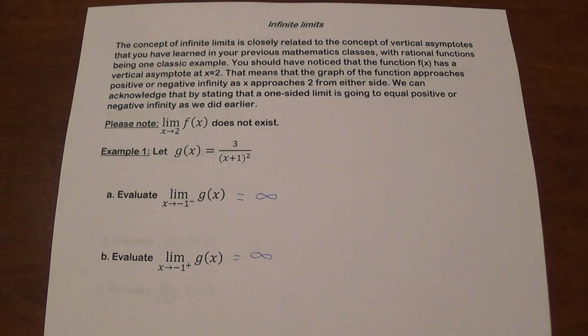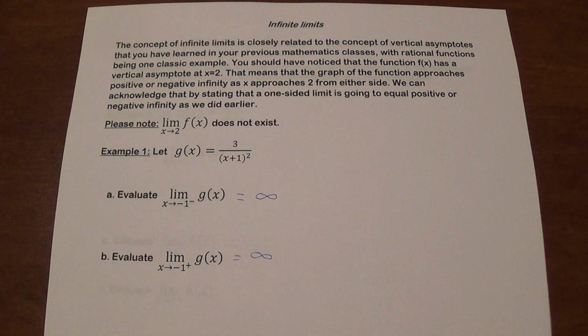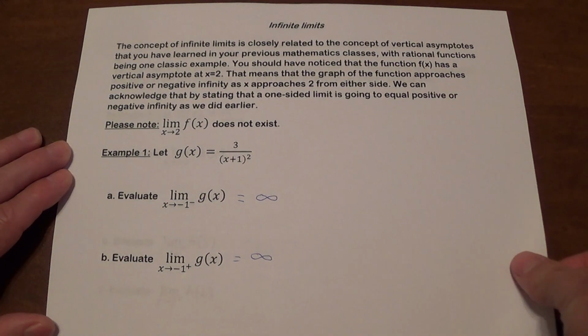You should have seen plenty of examples in your previous math classes where on both sides of a vertical asymptote the graph can go up or down. But here, even though they both go to infinity, you still do not have a limit at x equals negative 1, because you need to have finite values.